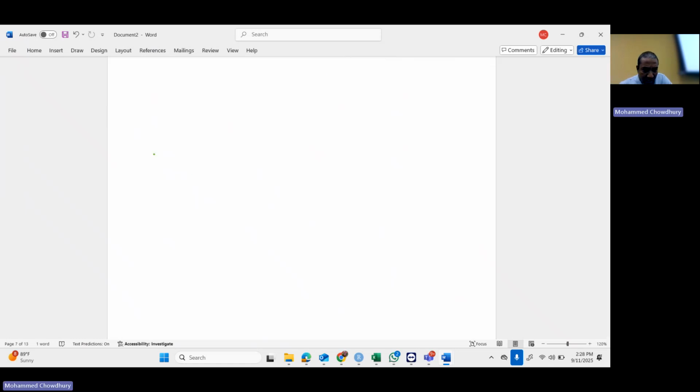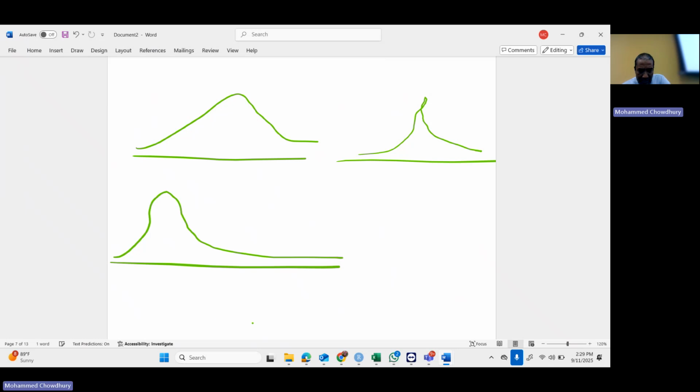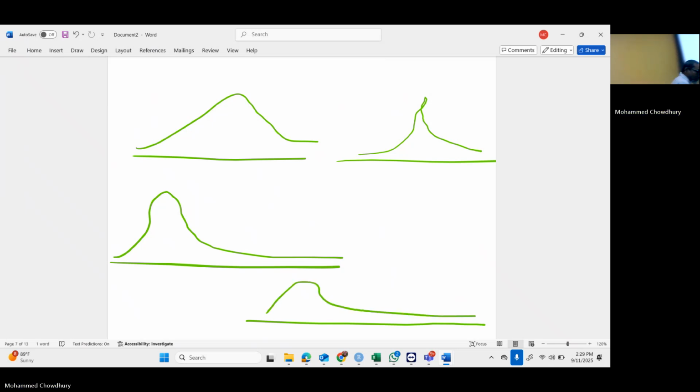This is the normal. This is the T. And F and chi-square is this. So this has a very long right tail.